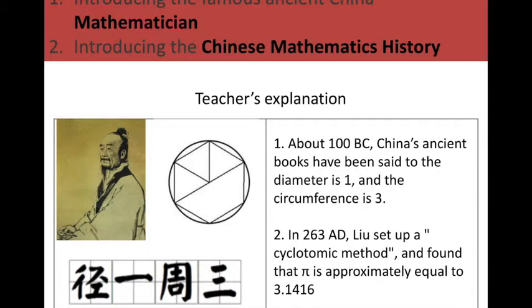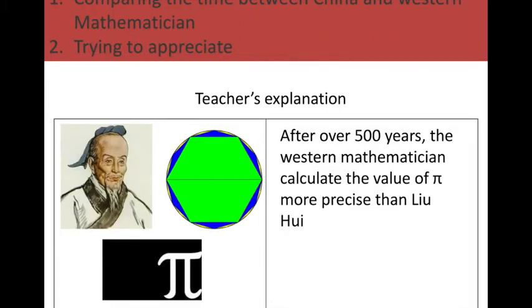And in 263 AD, Liu Hui set up the cyclotomic method and found that pi is approximately equal to 3.1416. After that, the teacher will tell the students that after over 500 years, Western mathematicians calculated the value of pi more precisely than Liu Hui, and then the students will appreciate the ancient Chinese mathematician.